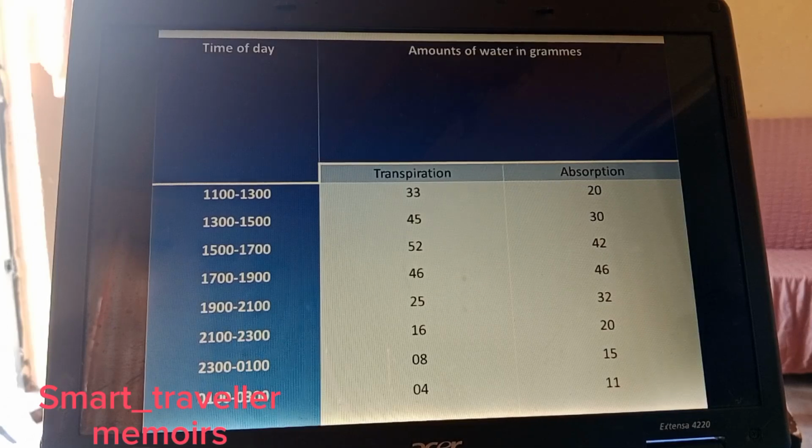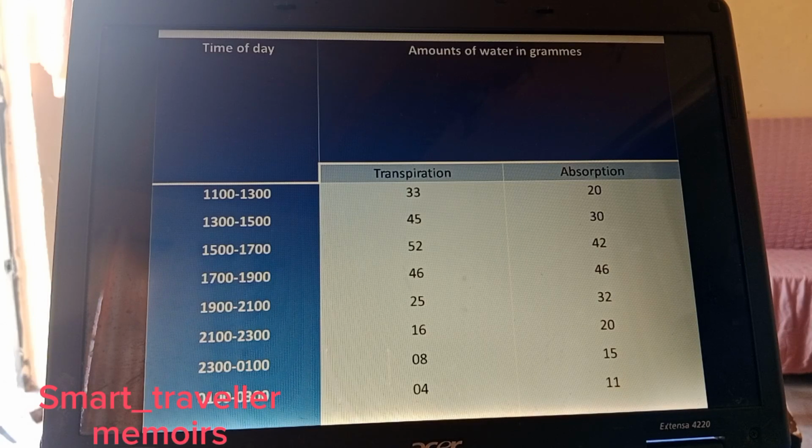So that is your table. Time of day, amount of water in grams. All right, time of the day, we started from 11 to 3 p.m. And you can see the various data. 11 to 13, we had transpiration.